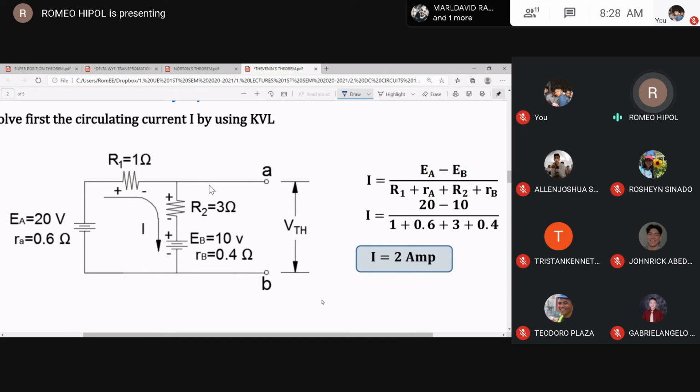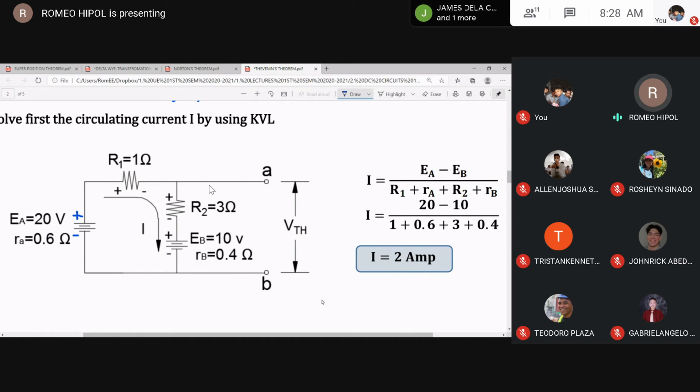Actually, in this case kasi sa KVL, di ba? Pwede tayong mag-consider ng, tawag ito, direction, loop direction. So mag-set muna tayo ng polarity for the batteries. Positive, negative.